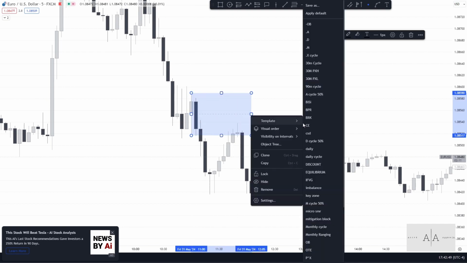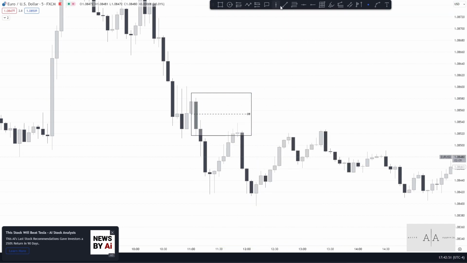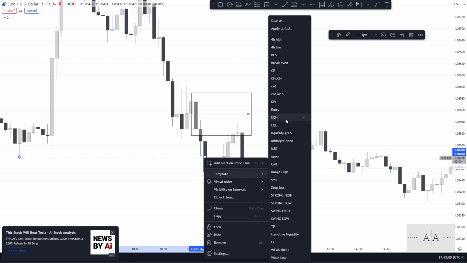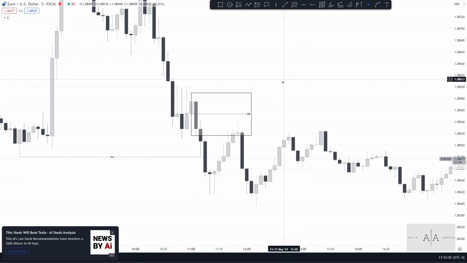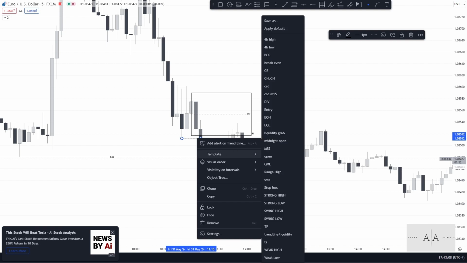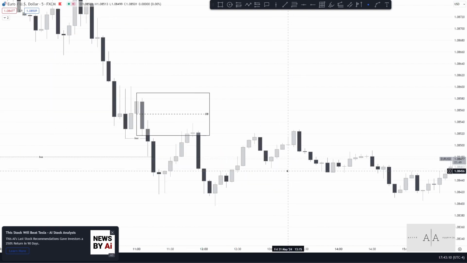Okay, so order block. Here, also have, right there. Also have a breaker structure here, right there, and an internal breaker structure here. Alright, so external breaker structure, internal breaker structure.